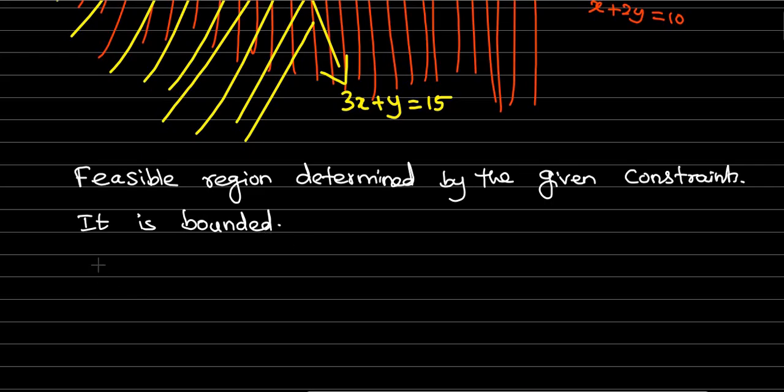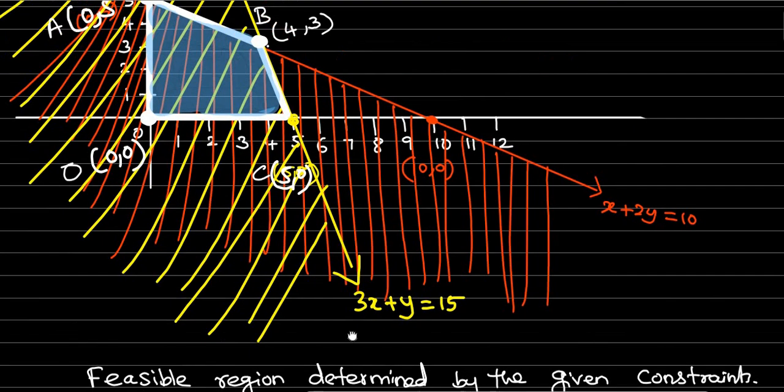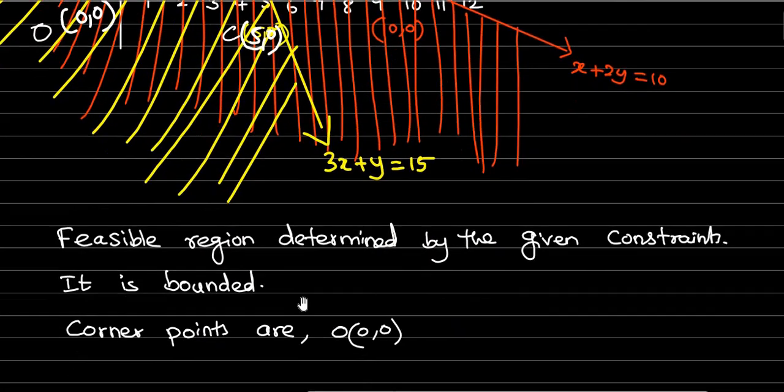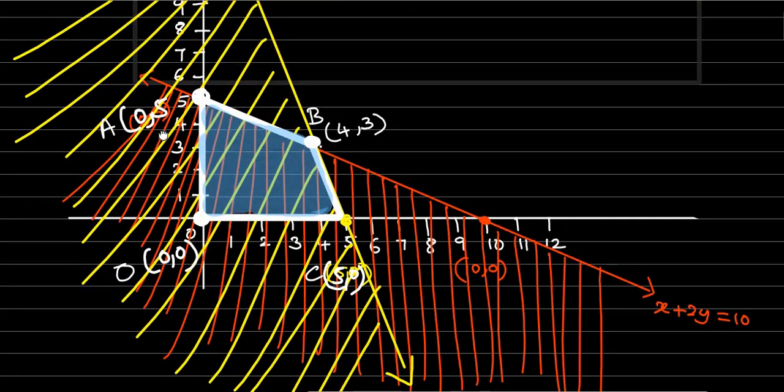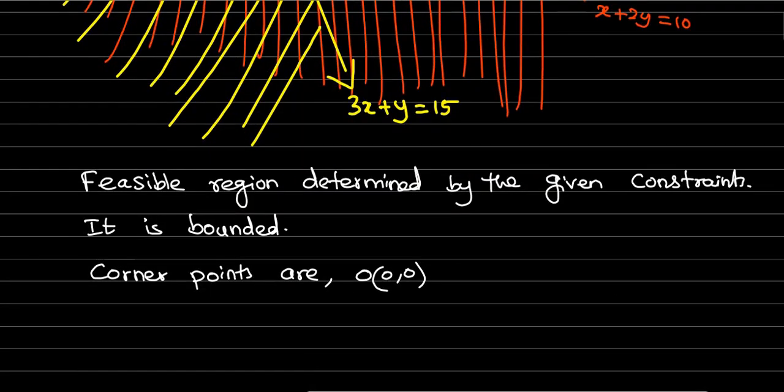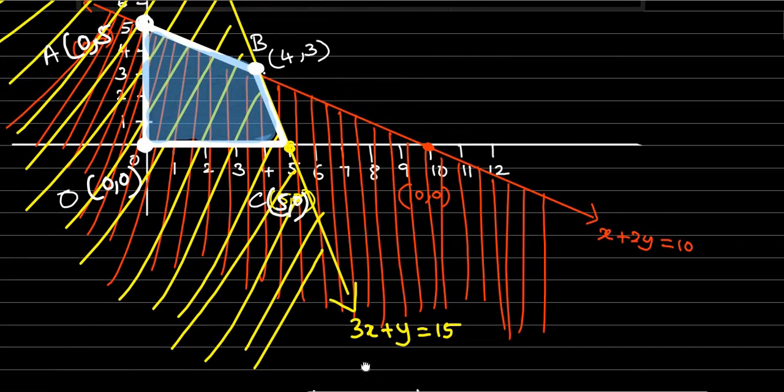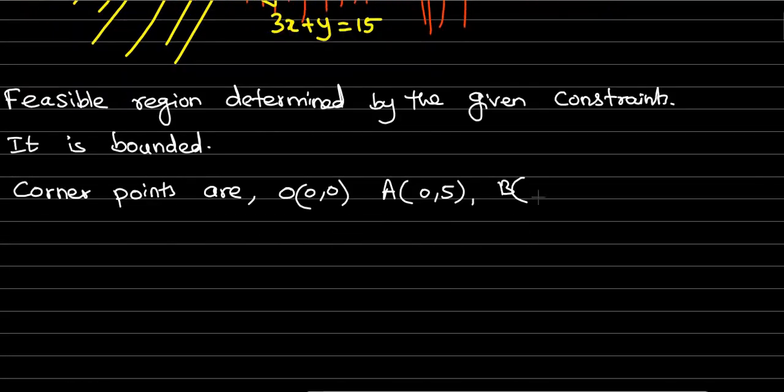So what are the corner points we have? The origin, and then A is 0 comma 5, B is 4 comma 3, and C is 5 comma 0.